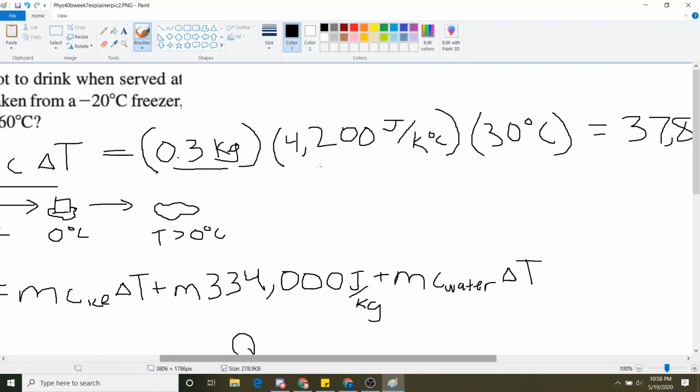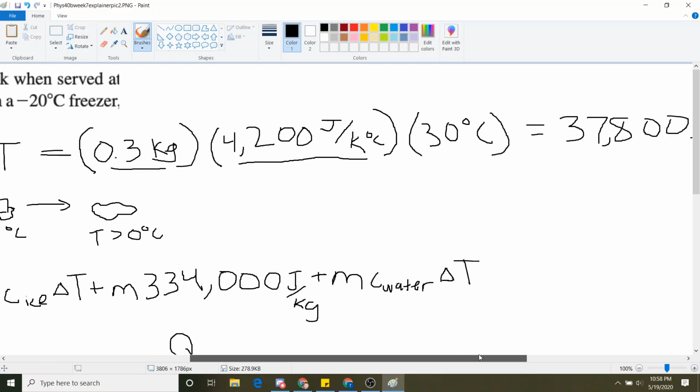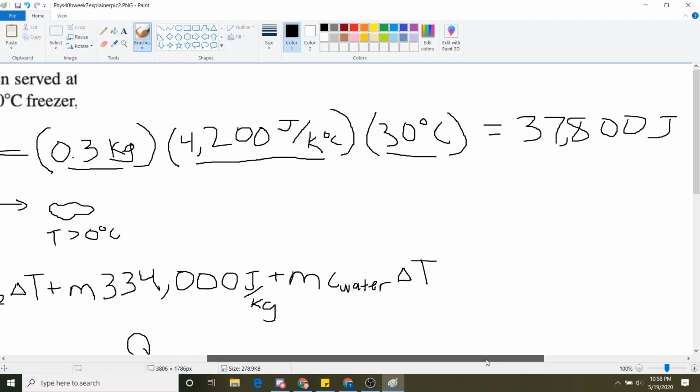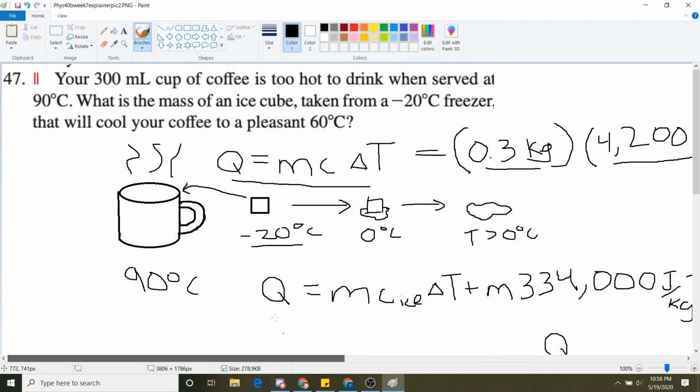This will be the specific heat of water, and the total change in temperature will be from 90 to 60, so it's 30 degrees Celsius. After we multiply all of them, we get 37,800 joules. That's how much energy is going to enter the ice cube from the cup of coffee.